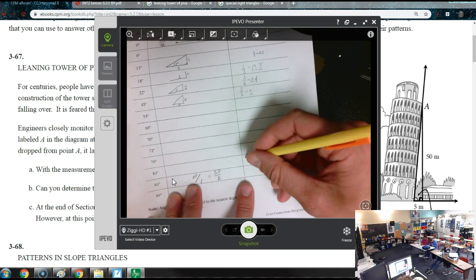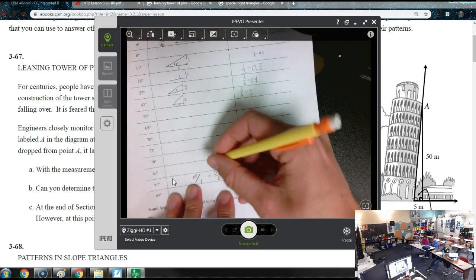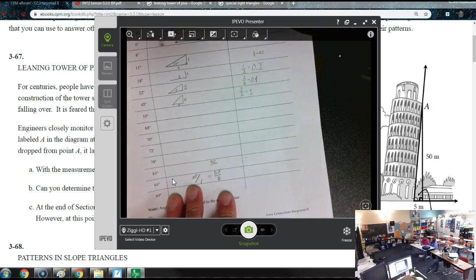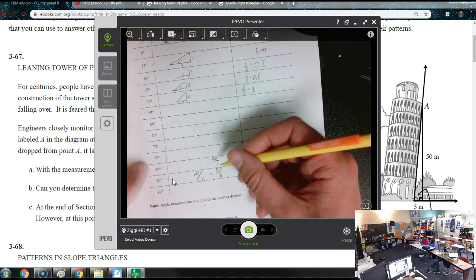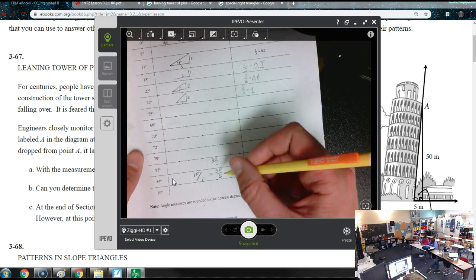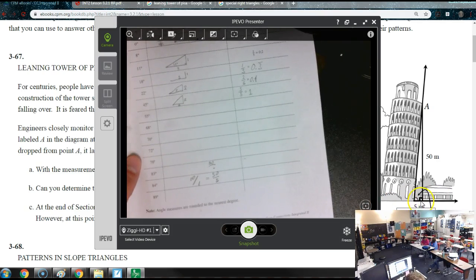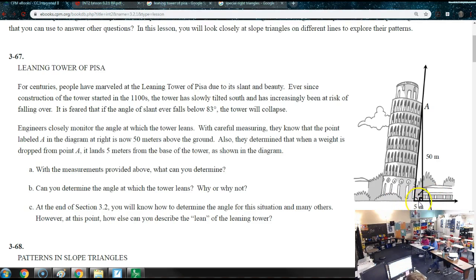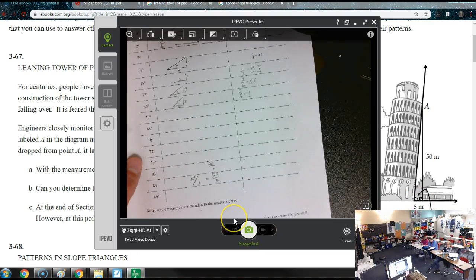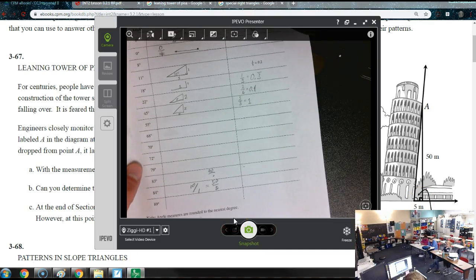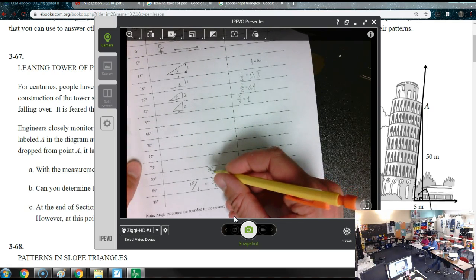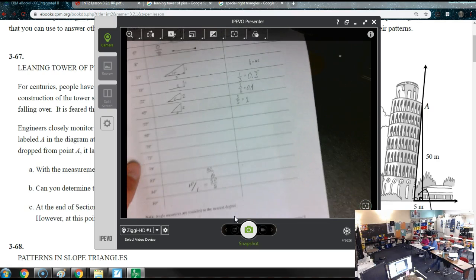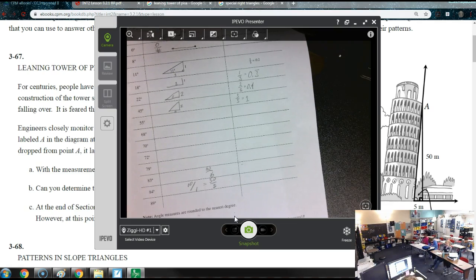Let's leave this as approximately 50 feet up. At what denominator would this turn into 83 degrees? It's got to be more than 5, right? Because this 5 would have to go further out. I'm not going to make us solve it. It's actually 6. 5 over 6 is the approximate.